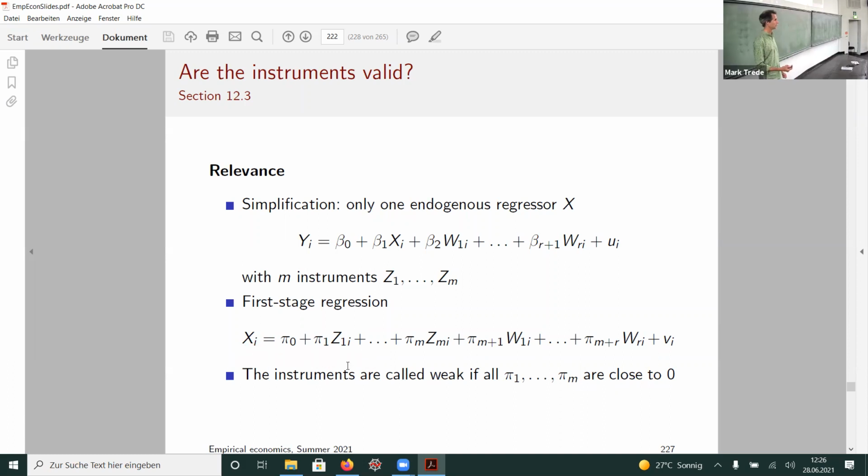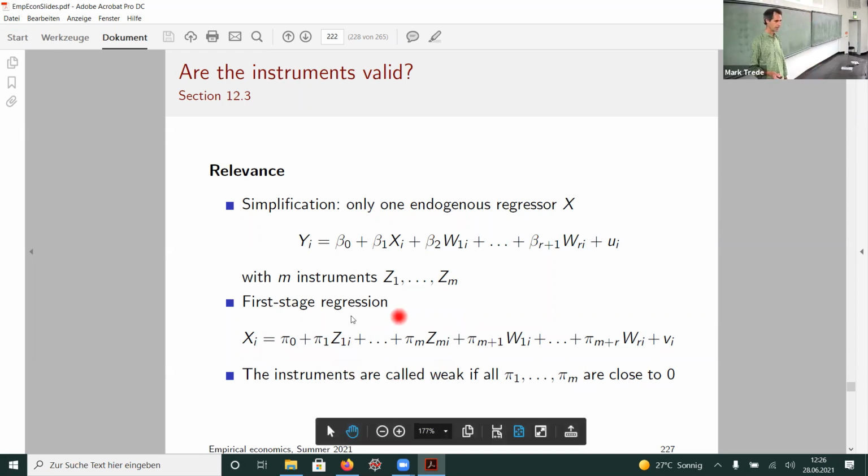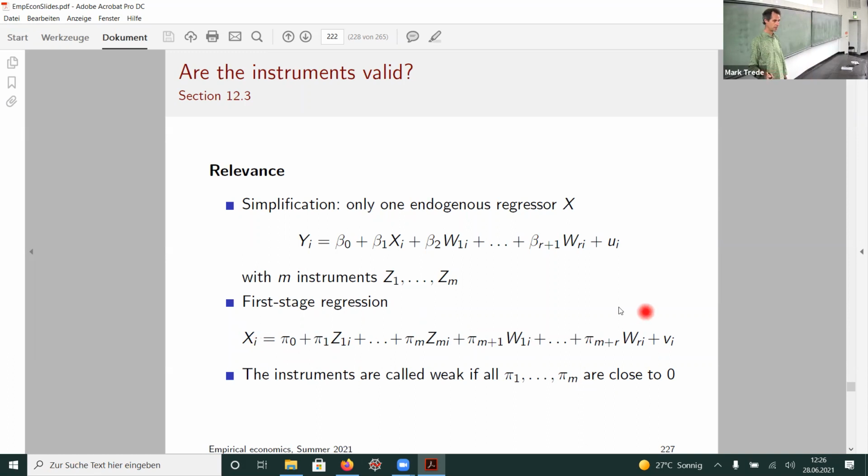But that's a question that we already can answer. Because what we actually are asking here is, can we, using the Z values, predict X better than using only the W's. Now that's not correctly formulated. So using all the instruments and all the exogenous variables, do we have a better prediction of the X's than in the case where we only use the exogenous variables?